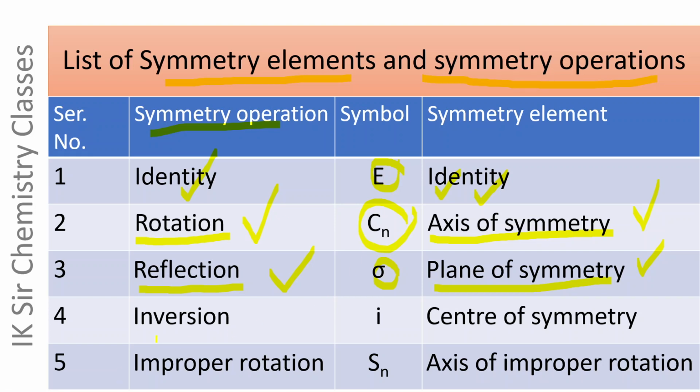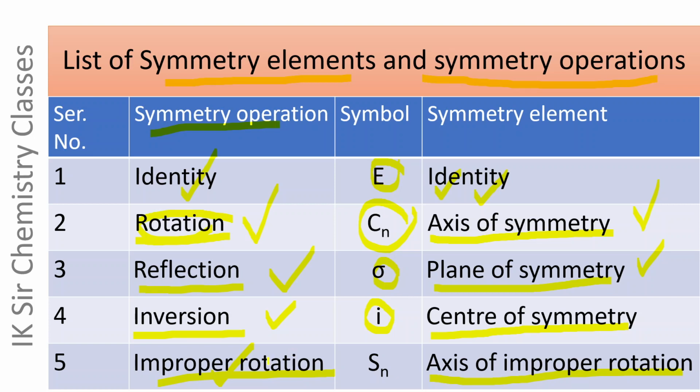The fourth symmetry operation is inversion, and it is carried out about center of symmetry, which is also called point of symmetry, and both inversion operation and center of symmetry are denoted by the symbol i. And the fifth symmetry operation is improper rotation. Please note that the second one is proper rotation or rotation, but the fifth one is improper rotation, and it is carried out about axis of improper rotation.